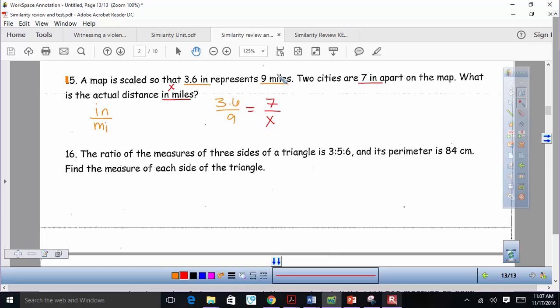So from here, we just cross multiply, 3.6 times x, which is 3.6x, and 7 times 9, which is 63. To get x by itself, we divide by 3.6. And what does that give us for x? 17.5.